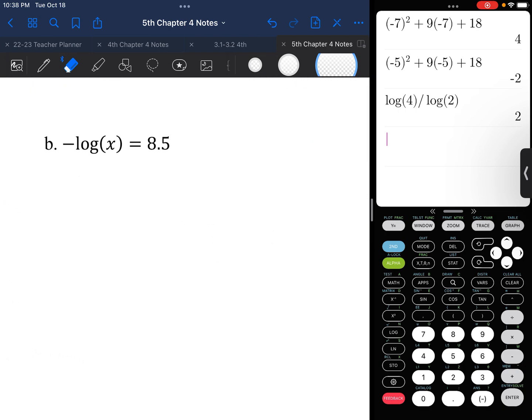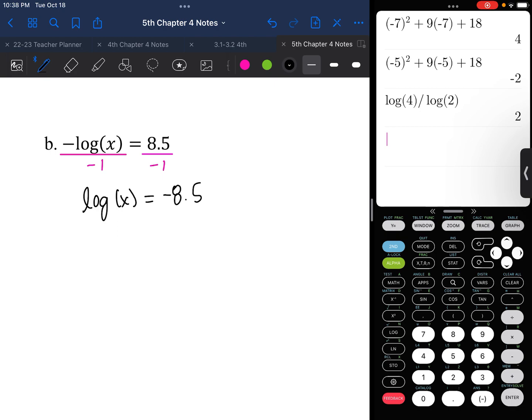Let's try this one out. The very first thing I notice is that that's a negative. I don't like it. Makes me uncomfortable. I'm going to get rid of it. So then we have the log of x equal to negative 8.5. And realize that this is a base 10 log.